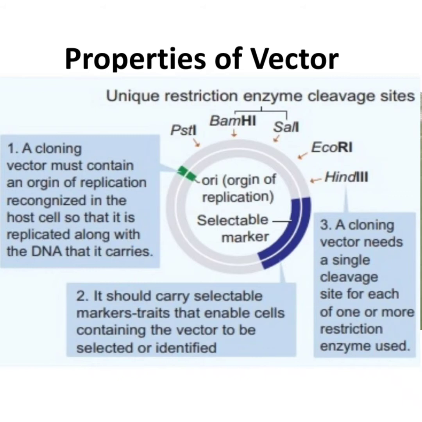A cloning vector must contain an origin of replication, otherwise called ORI, recognized in the host cell, so that it is replicated along with the DNA that it carries. It should carry a selectable marker trait that enables the cells containing the vector to be selected or identified. A cloning vector needs a single cleavage site for each of one or more restriction enzymes used.